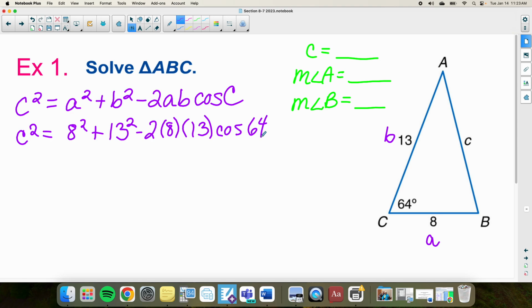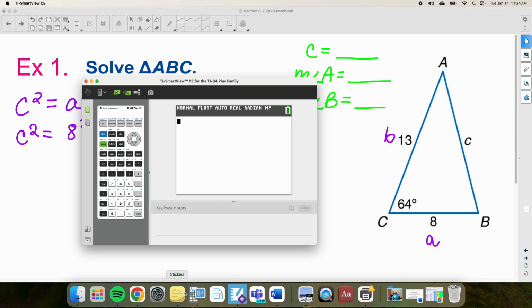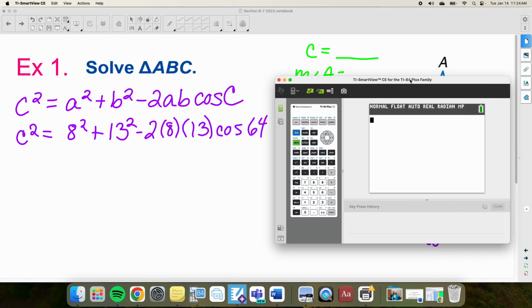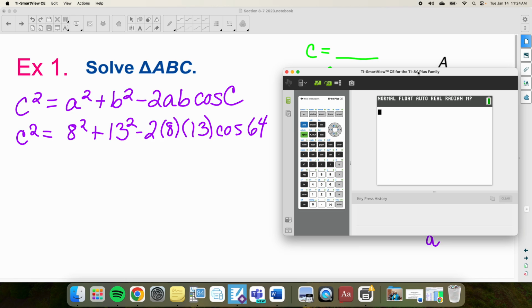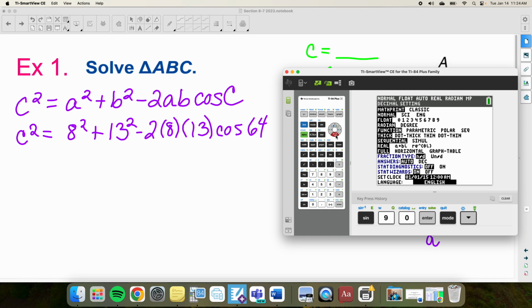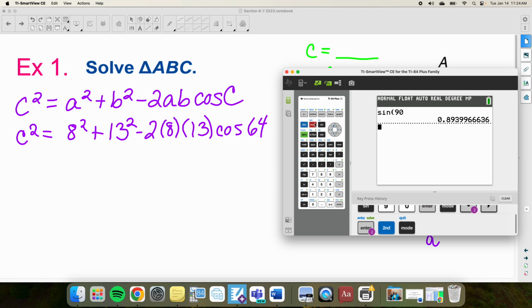Now, we can go to our calculators, and we can type that into our calculators exactly how it looks. You might want to do sine of 90 just to make sure it's 1, which mine's not, so I have to switch mine. Yours all should be.